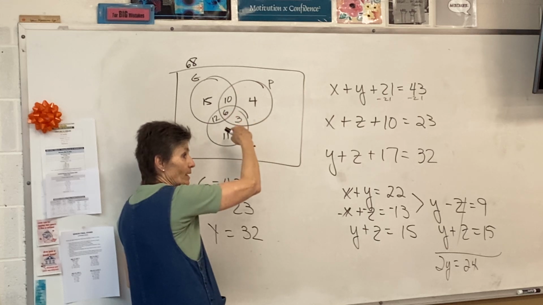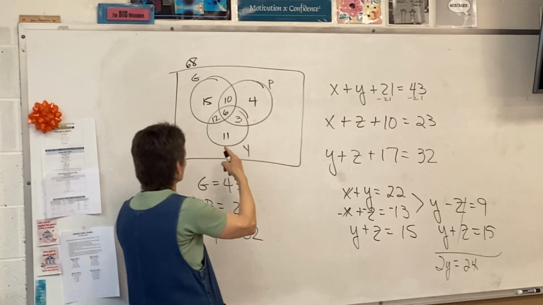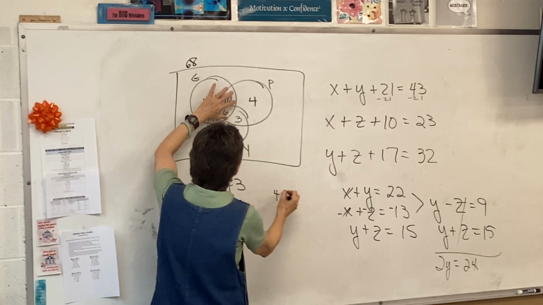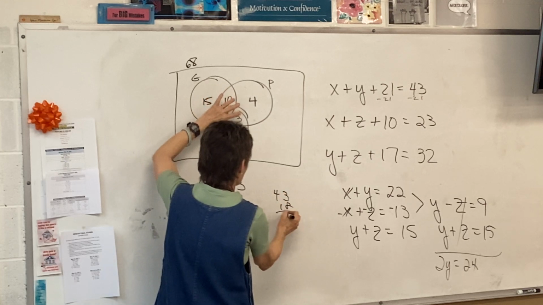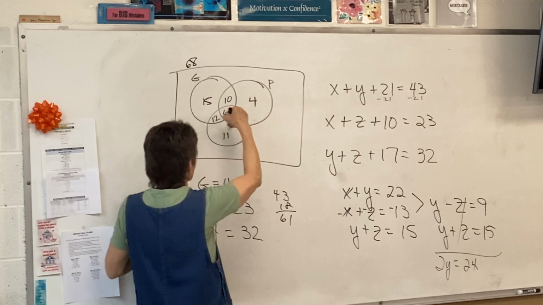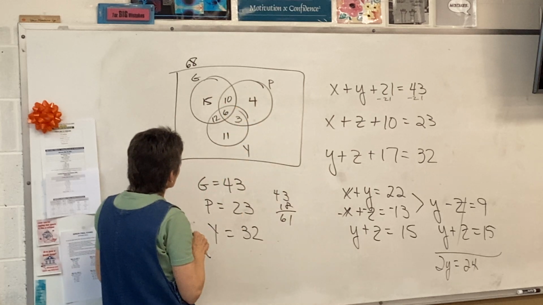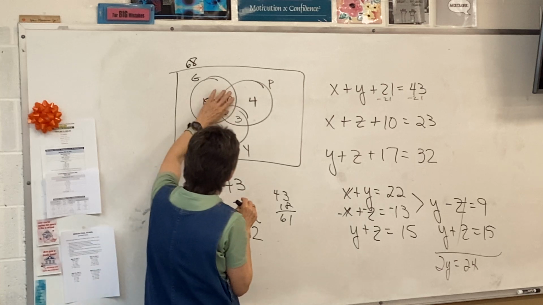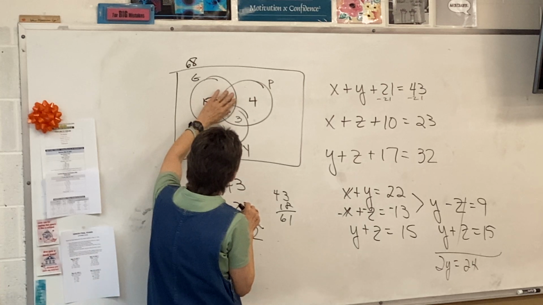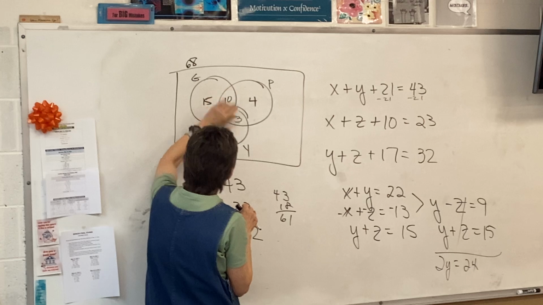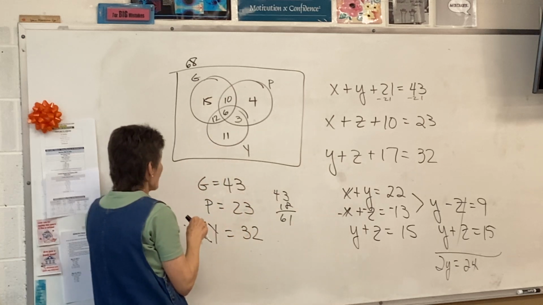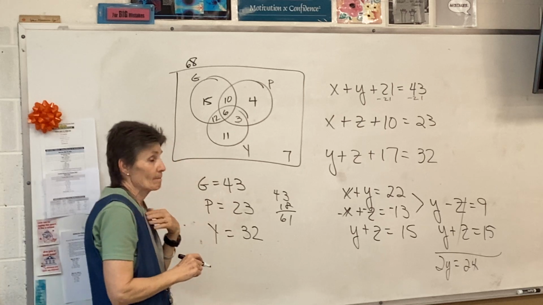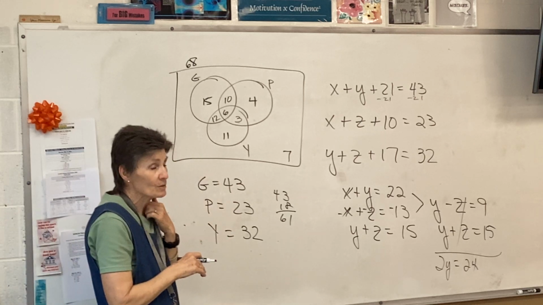Yeah. Right, all those, I don't know what those add up to. I know this one adds up to 43, so 43 and 18. I think these only add up to 61. Check my arithmetic. That could be wrong. But I think that's right. So if those all add up to 61, there have to be 7 out here. Those are the kids that don't like any of those colors.